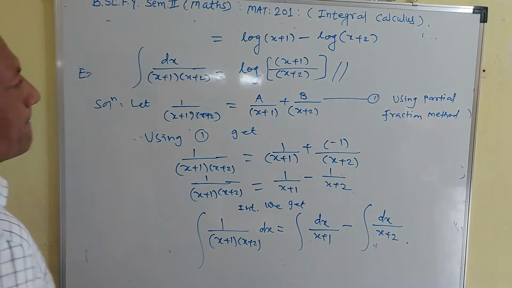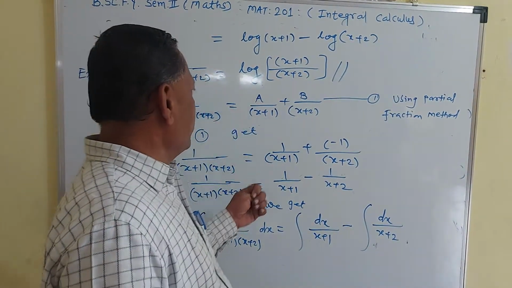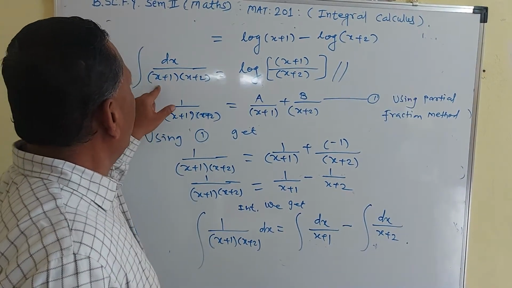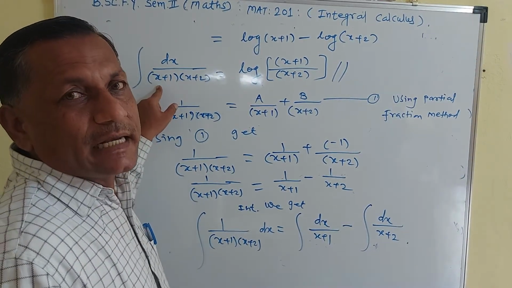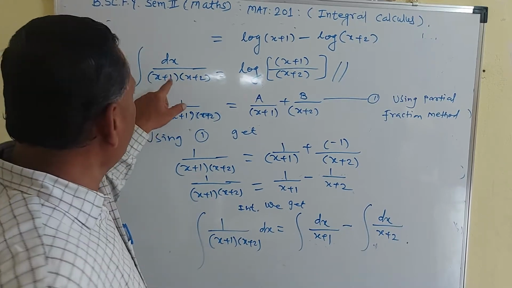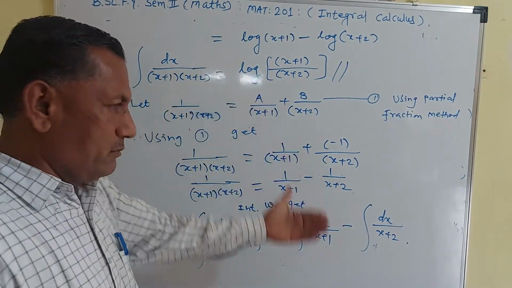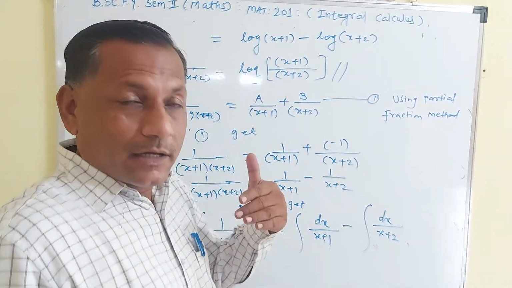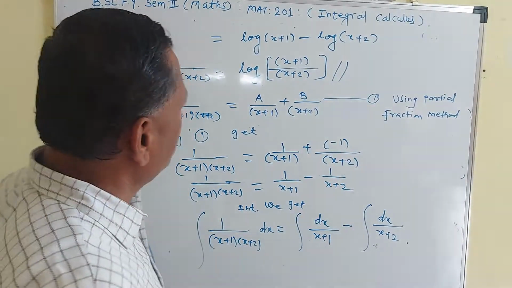So in this way you solve the integration when the denominator has non-repeated linear factors, or if you have given a polynomial, you find its factors and you check that the factors are repeated or non-repeated.